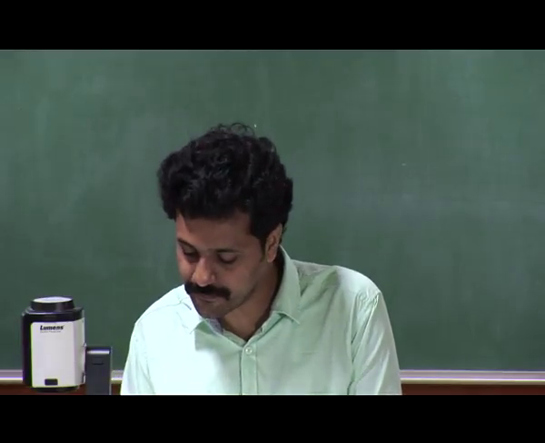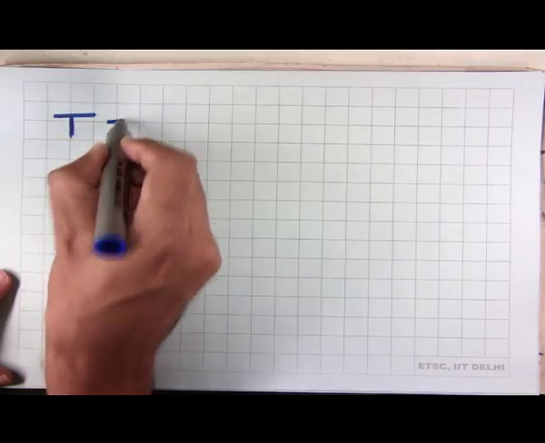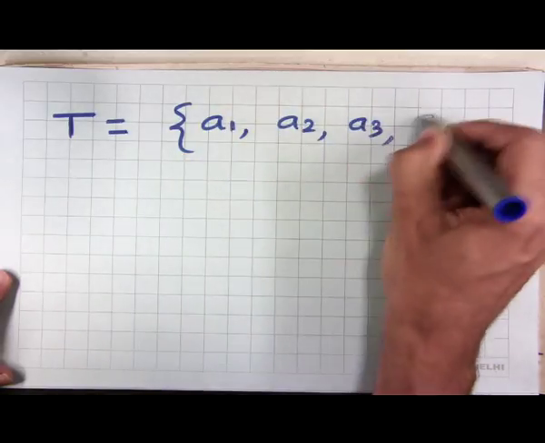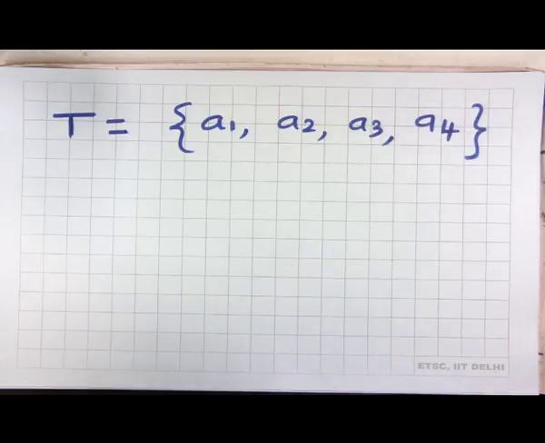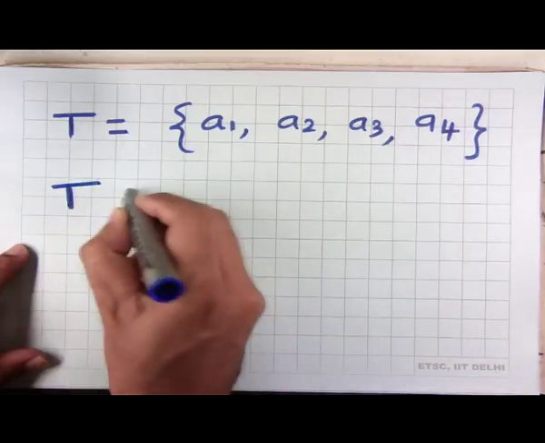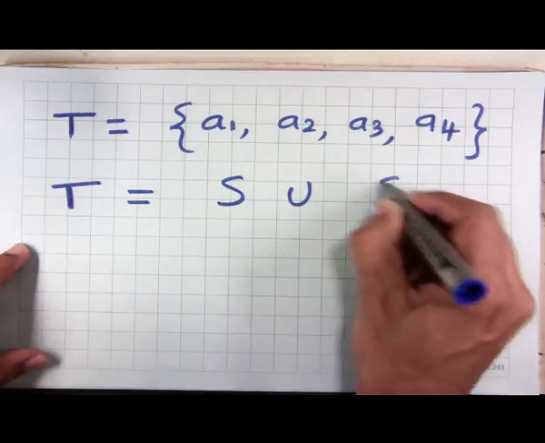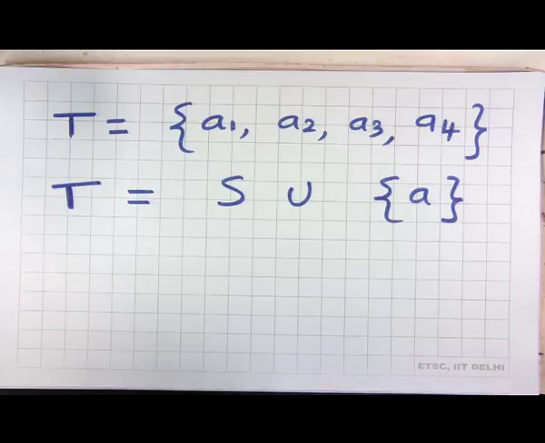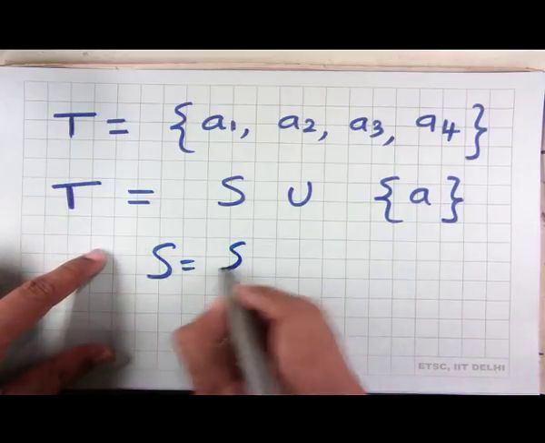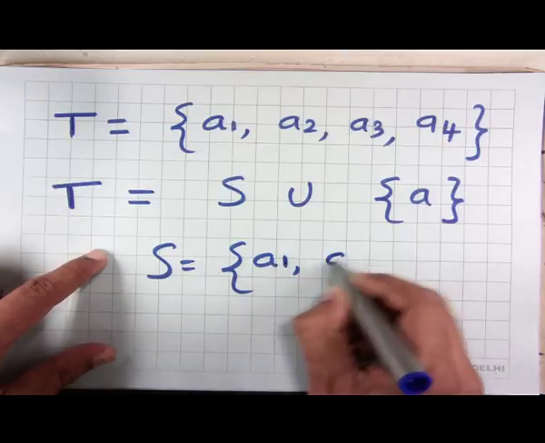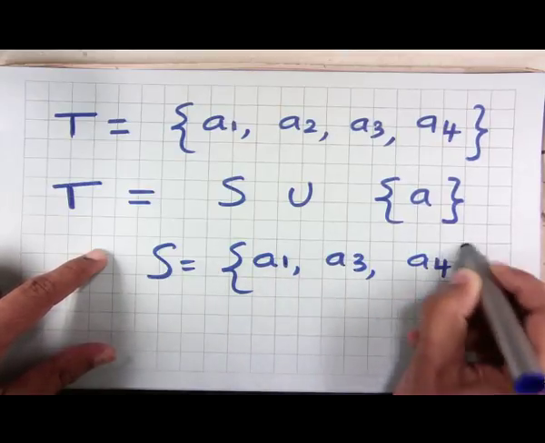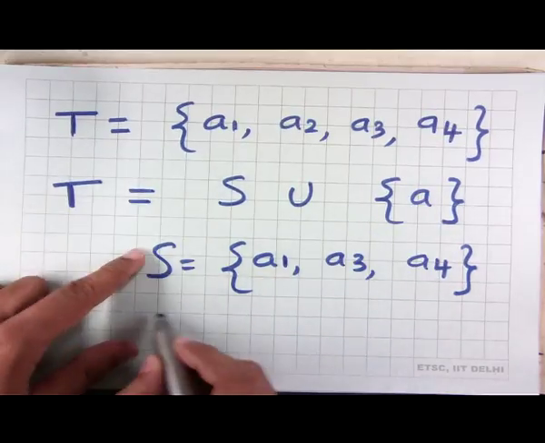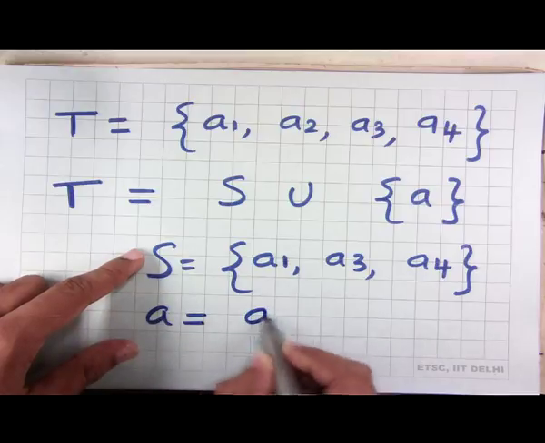To give you a feel of this, let me start with, say, T is a set with 4 elements, A1, A2, A3, A4. Then T can be written as S union A, where S is a set with 3 elements. For instance, let me say S is equal to A1, A3, A4, and A is an element in T which is not in S. In this case, A is equal to A2.